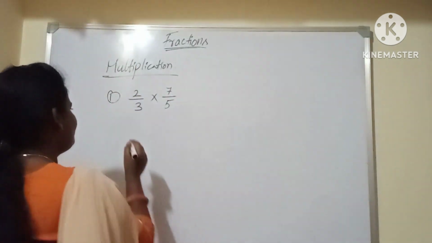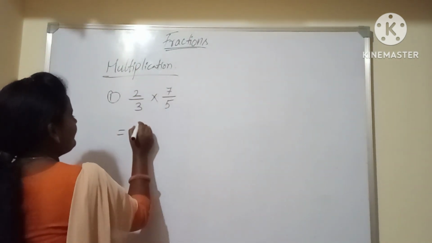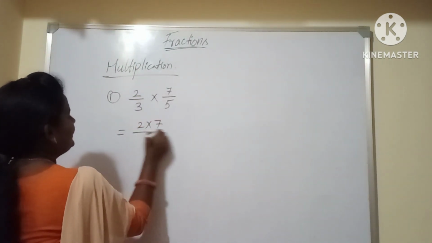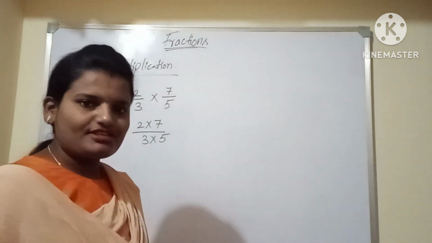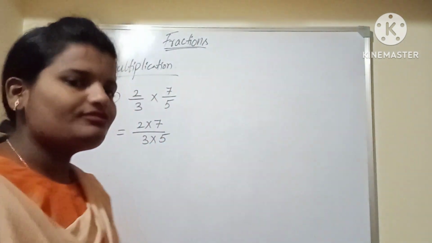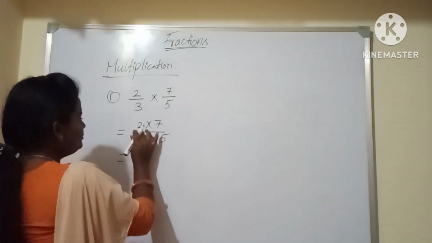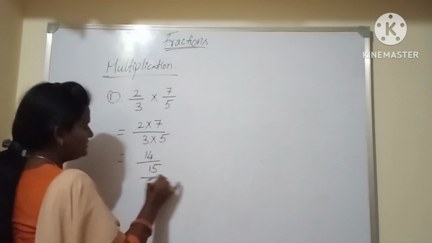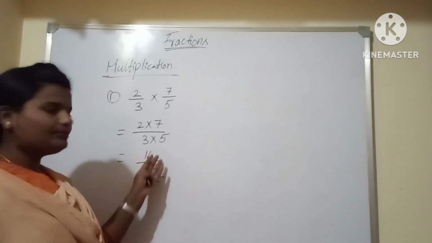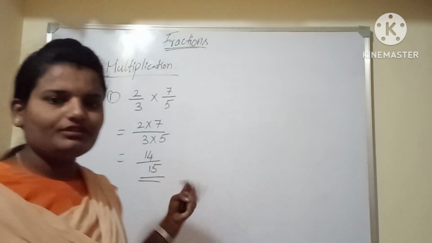So 2 into 7 divided by 3 into 5. This is very easy compared to addition and subtraction, right? 2 7s are 14, 3 5s are 15. That's it. Here both the numbers won't go with any same table.